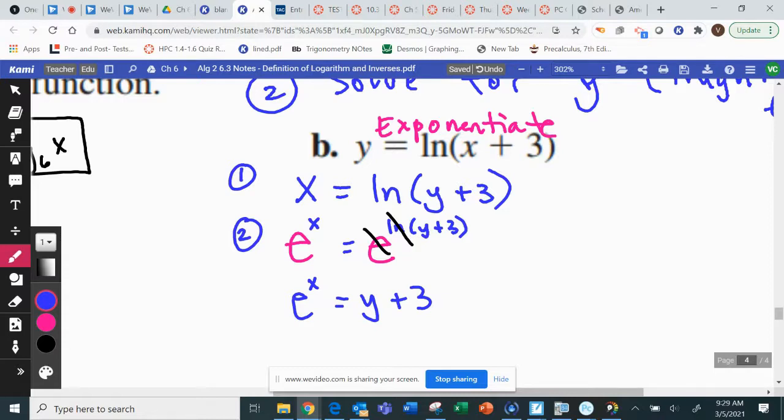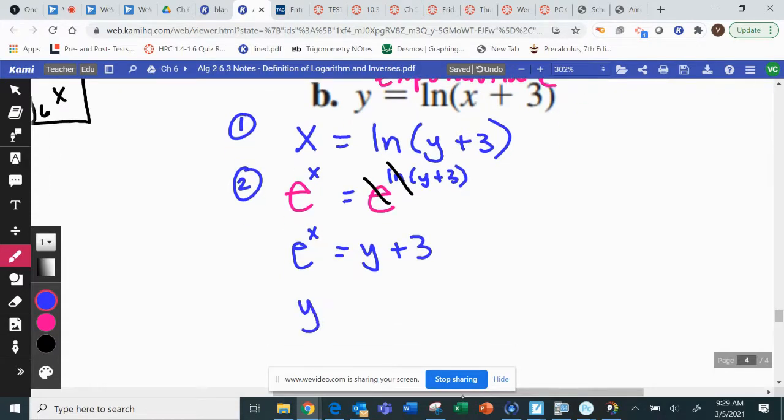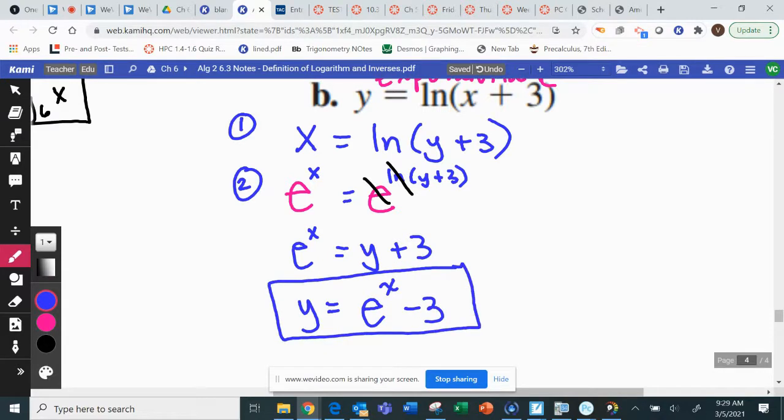So I get E to the x equals y plus 3. So y equals E to the x minus 3. This one started as y equals, so I don't need to put it back into function notation.